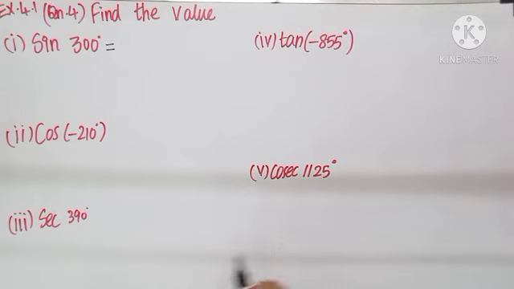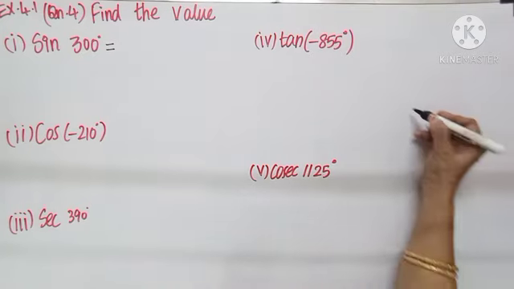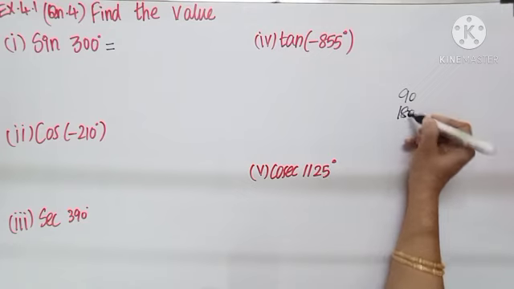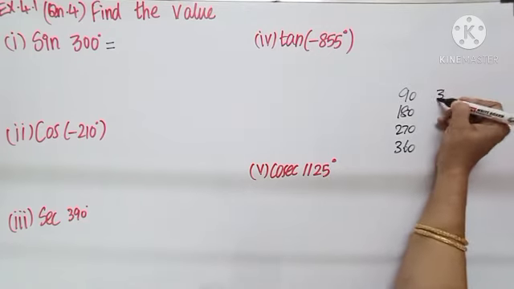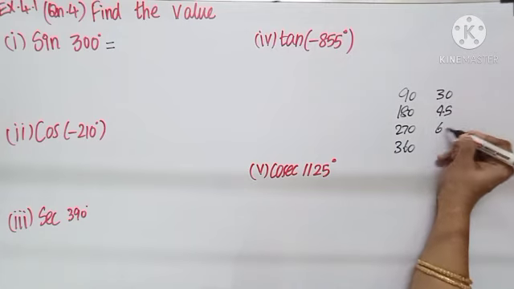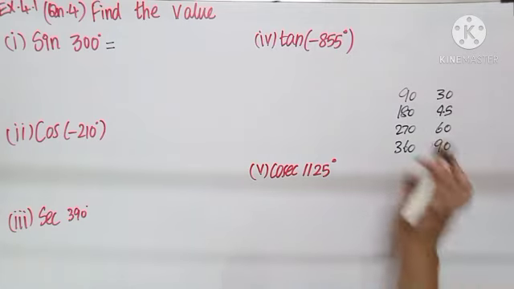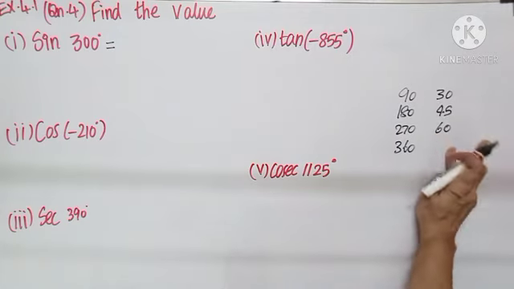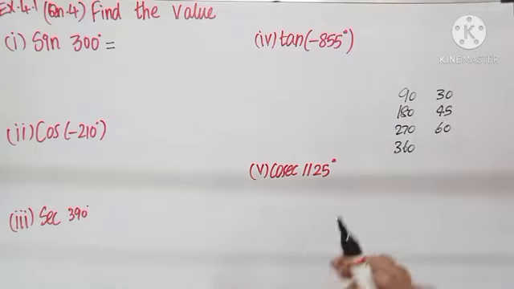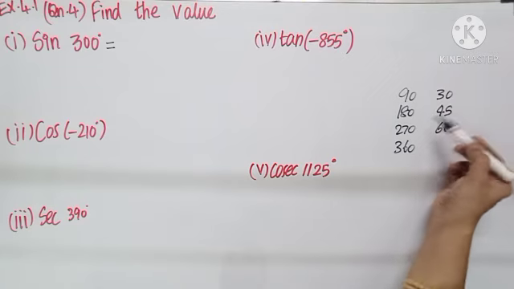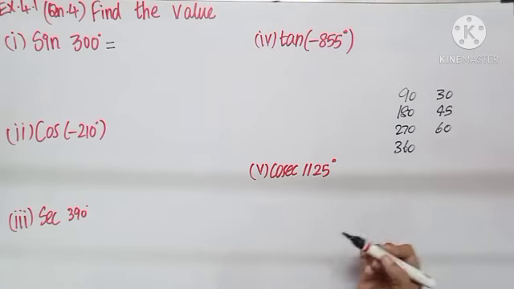These are the known angles for us. Then 30, 45, 60, 90. Any ratio that is given, try to write adding these two or subtracting like that.